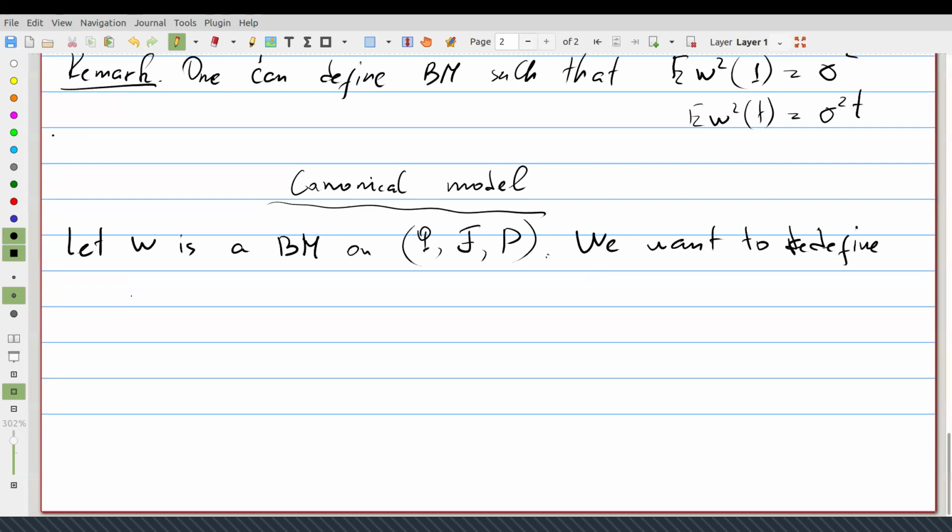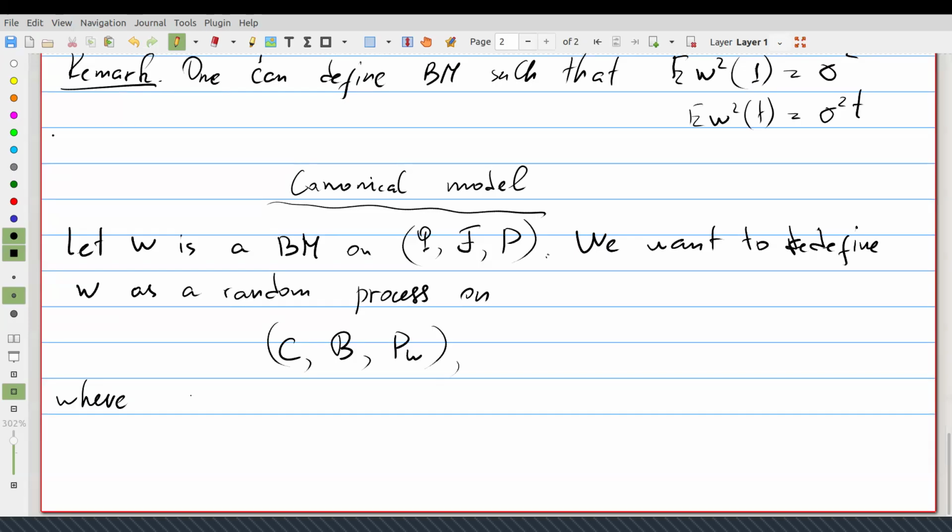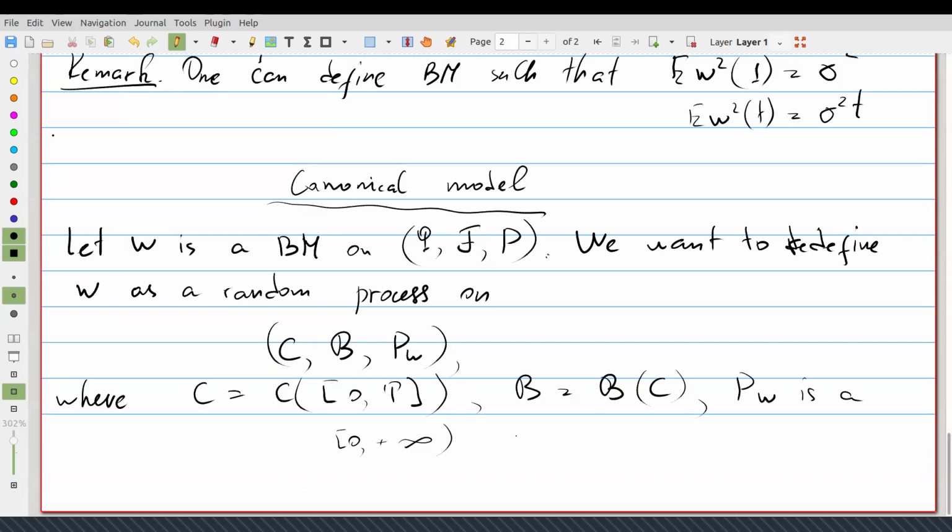Redefine W as a random process on another probability space, (C, B, P_W), where C is just the space of continuous functions on [0, +∞), B is the Borel sigma algebra on C, and P_W is the so-called Wiener measure, which we will explain in a moment how to obtain.